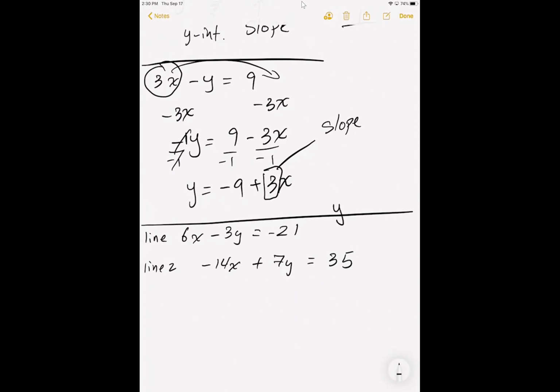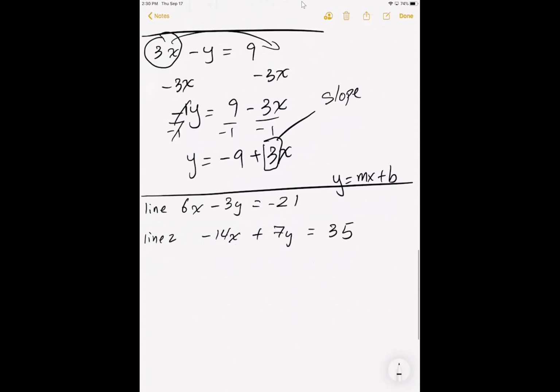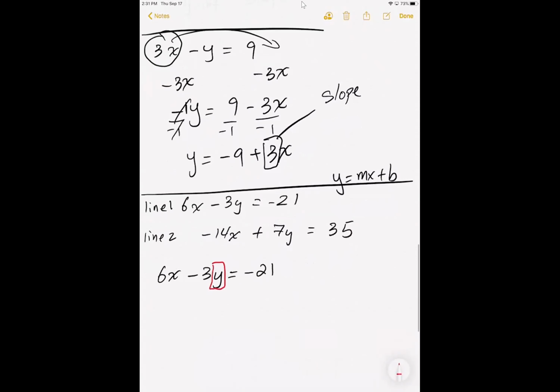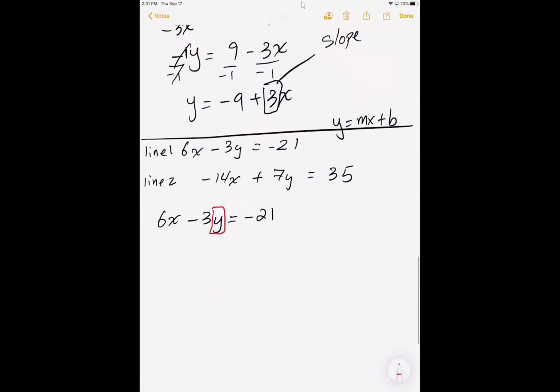We want to get y equal to mx plus b. So let's take a look at line 1. How would I go about getting y by itself? Hopefully you see that they are very consistently the same.